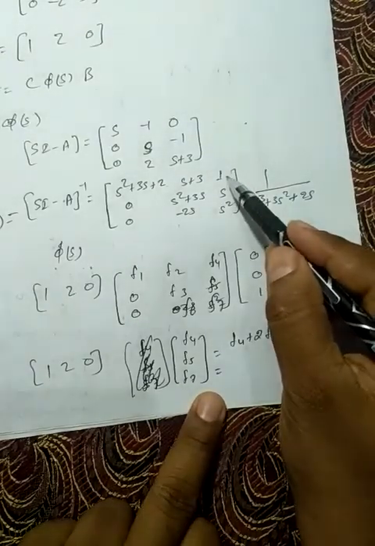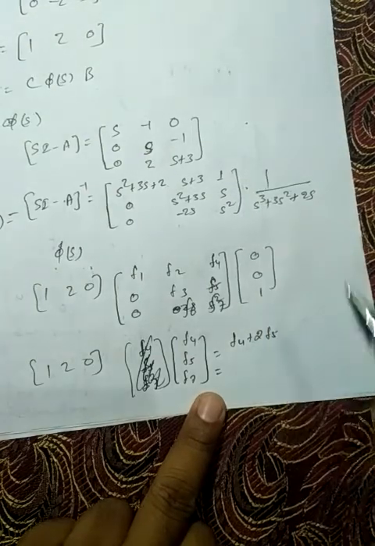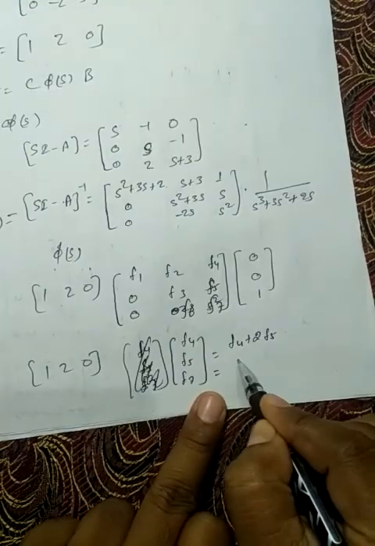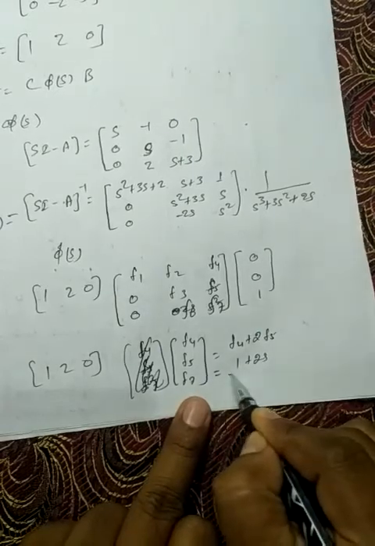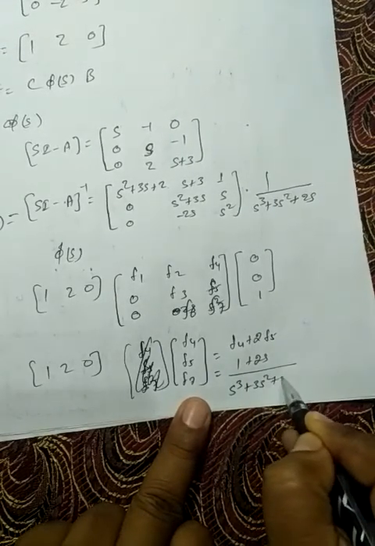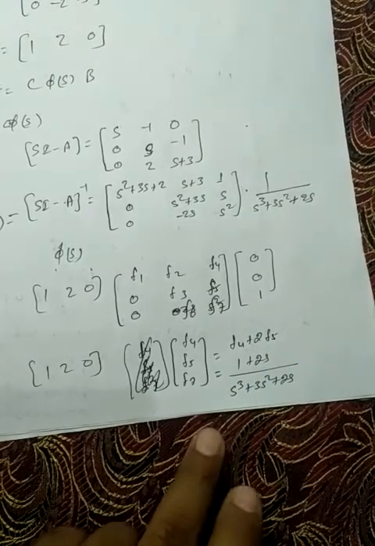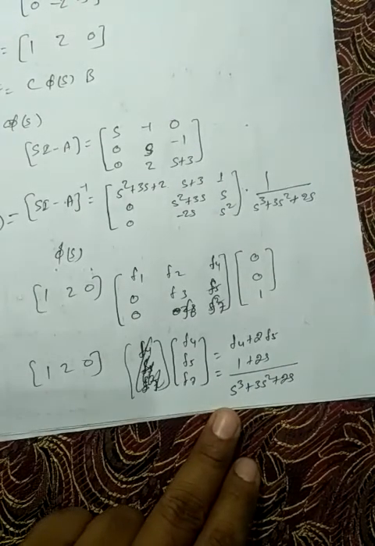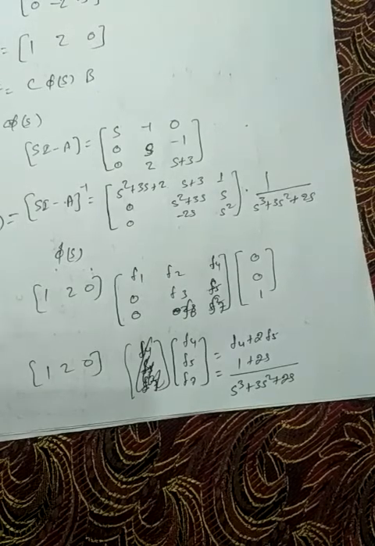Here 1, and F6 is S. So 1 plus 2S divided by S cube plus 3S square plus 2S. This is our transfer function, right?